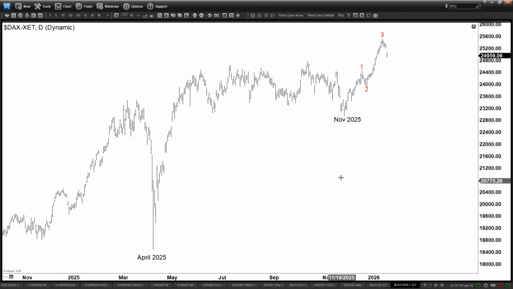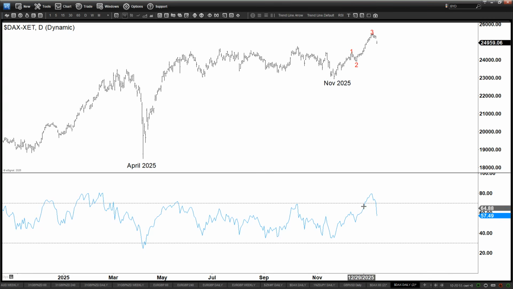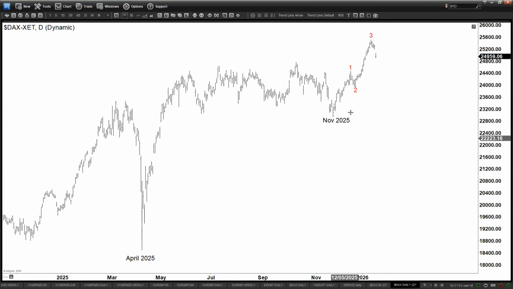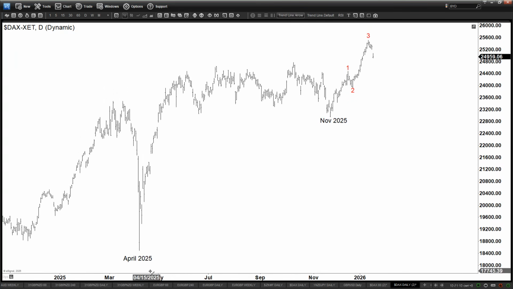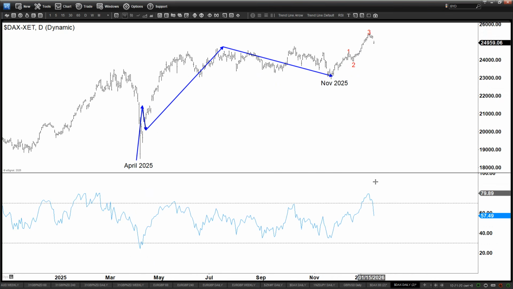Okay, so what happens here is we made a new all-time high in the DAX. If you take a look at the structure here, take a look at the RSI, no divergence, right? It's at the highest momentum. So this is telling us most likely this move up here is not, if you are trying to think that this is wave 1, 2, 3, and then 4, and then now 5, well, the RSI doesn't support that, because this breakout is the real deal here.